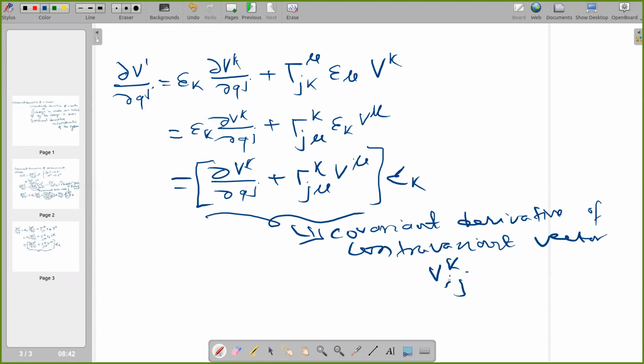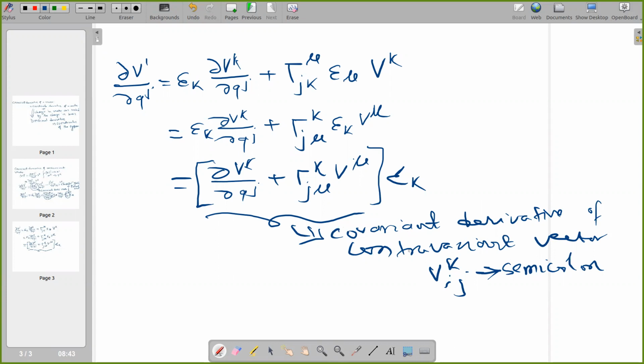A semicolon is introduced here. This derivative is sometimes called the semicolon derivative of the contravariant vector.